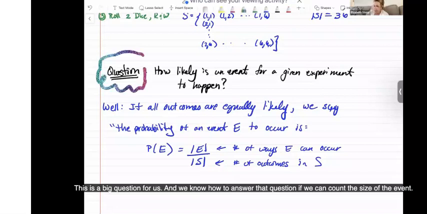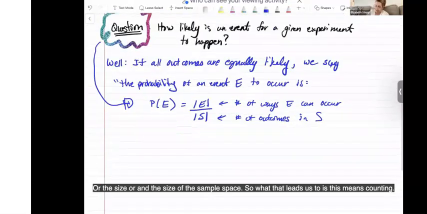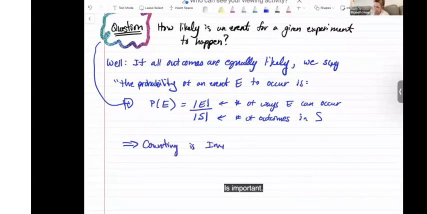So this is a big question for us, and we know how to answer that question if we can count the size of the event and the size of the sample space. So what that leads us to is, this means counting is important and useful to us.